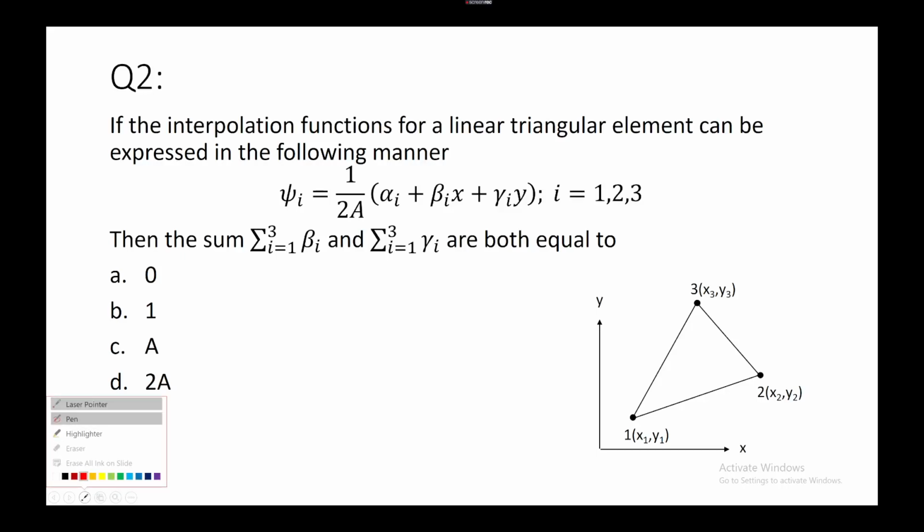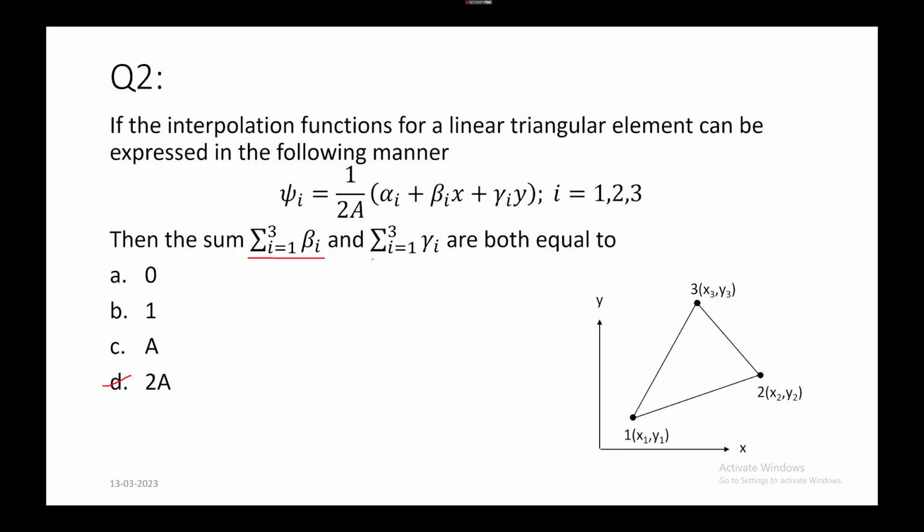Did you try to solve it or are you guessing? We just solved what beta and gamma are, right? You can try to sum everything and we can see what the answer will be. If we go through a row or column, we get 2 times the area of a triangle.